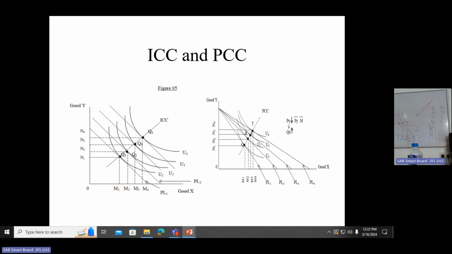We are reaching a higher indifference curve, so the equilibrium also changes. Then combining those points, we get the income consumption curve.